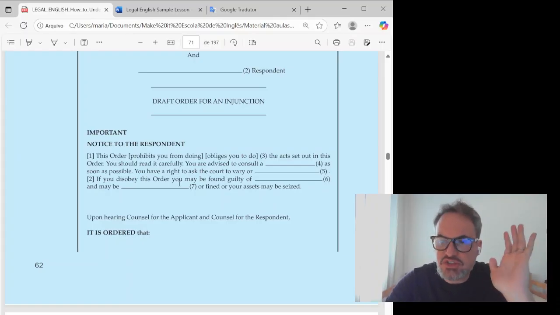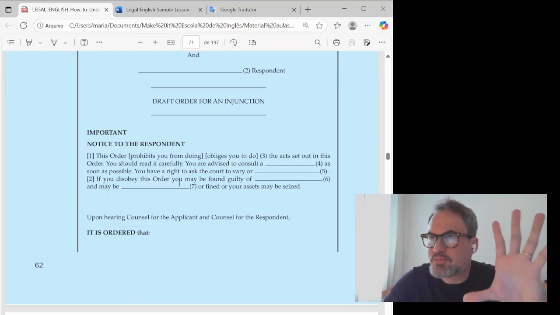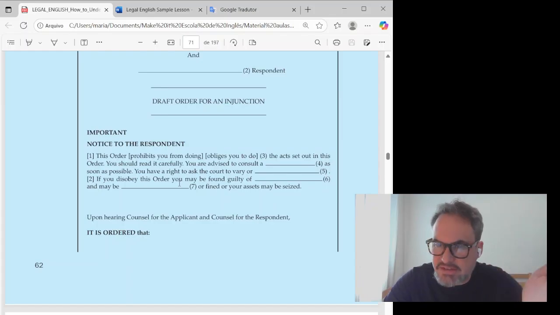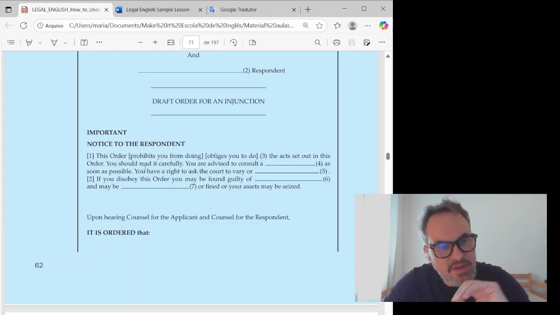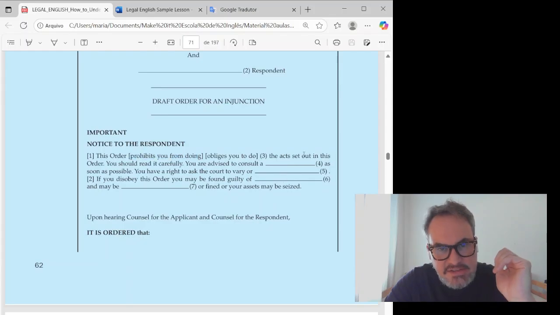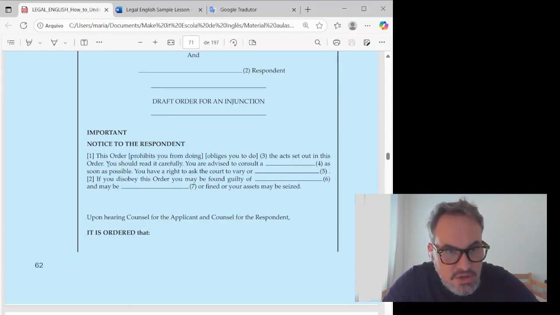So the first thing we need to understand, is it a prohibition or is it a command? We need to prevent him from doing something, right? So we need to delete here and keep this one. Okay, this order prohibits you from doing the acts set out in this order.